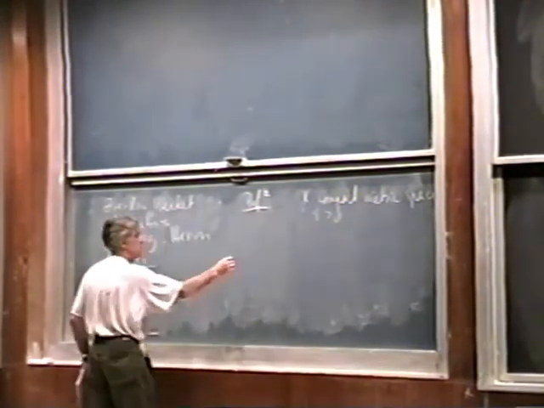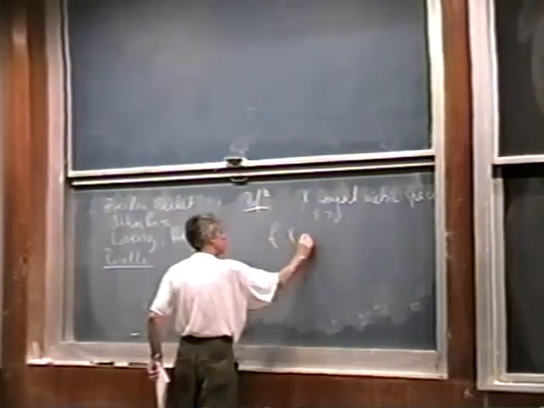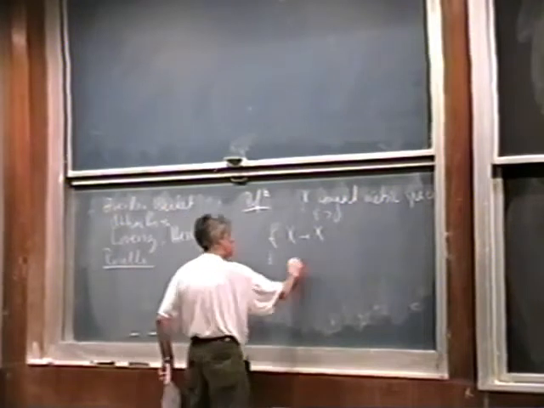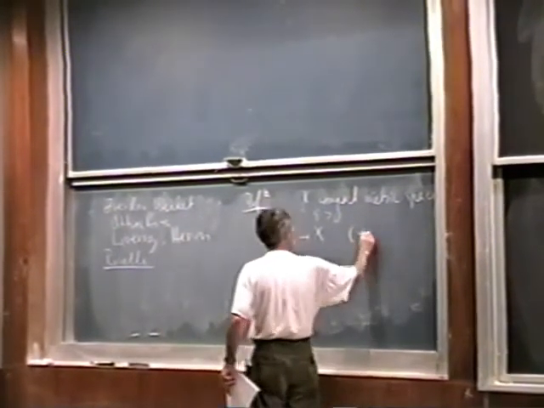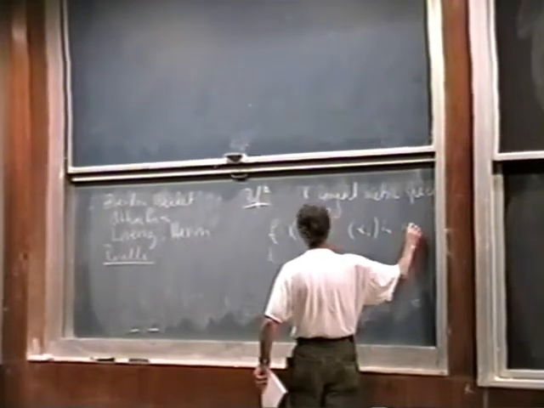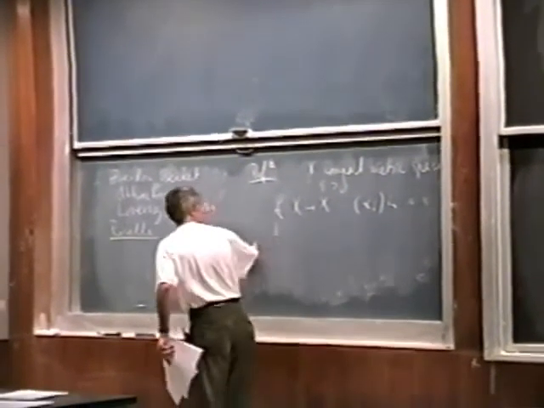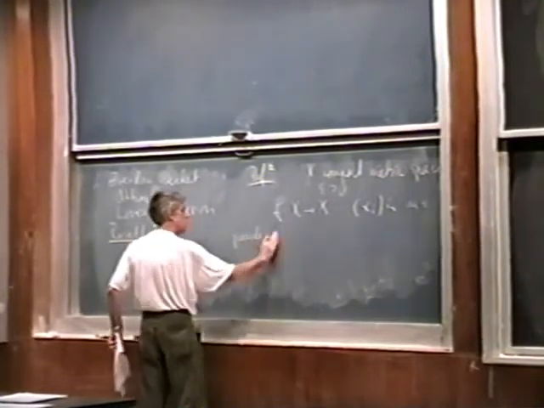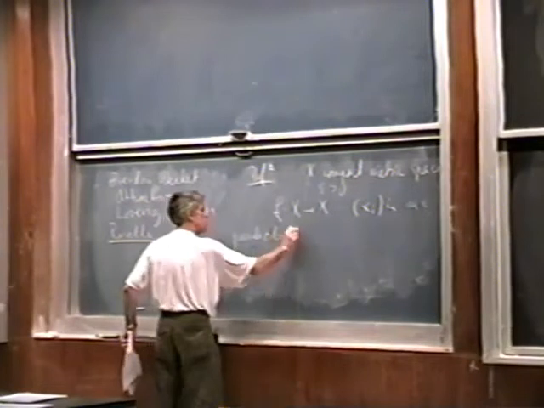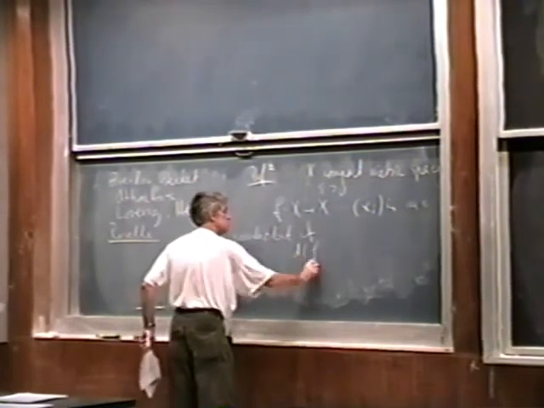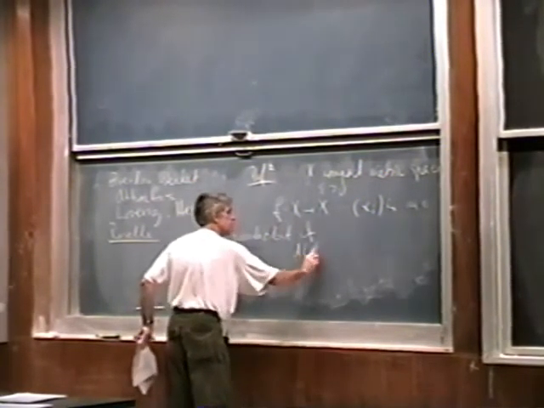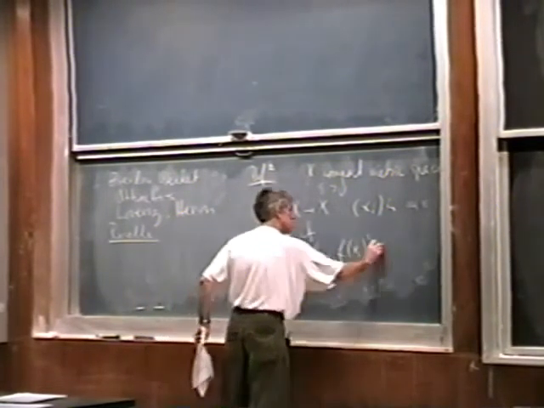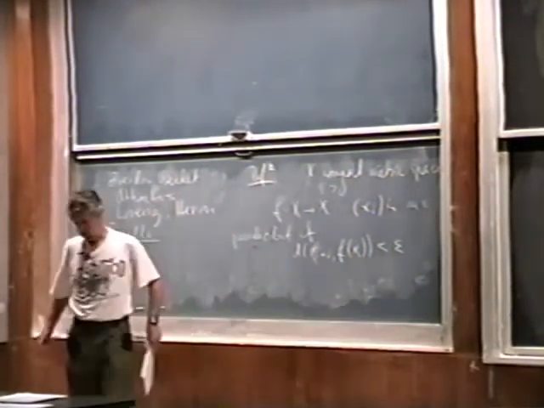Then if you have an orbit of some mapping, or almost an orbit, x_i is an epsilon pseudo-orbit if the distance in some metric between the next point and the image of the previous one is not too big. So this is the standard definition.